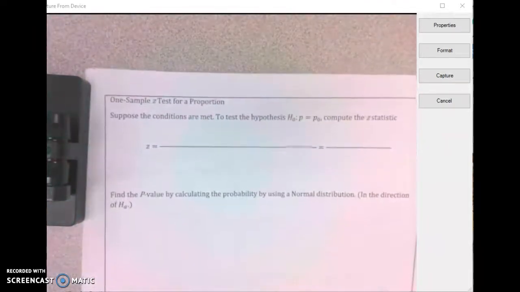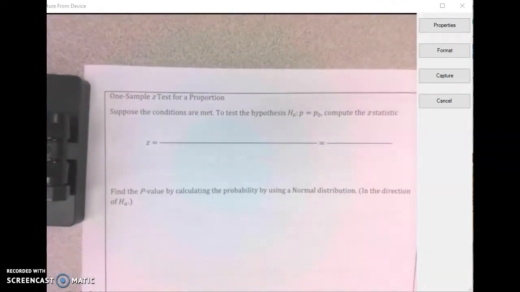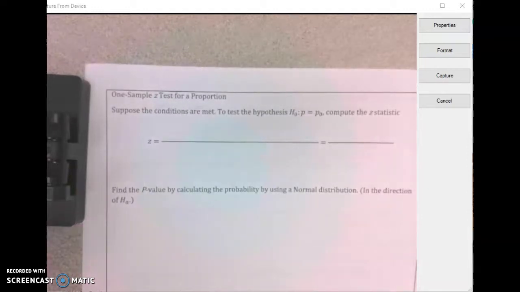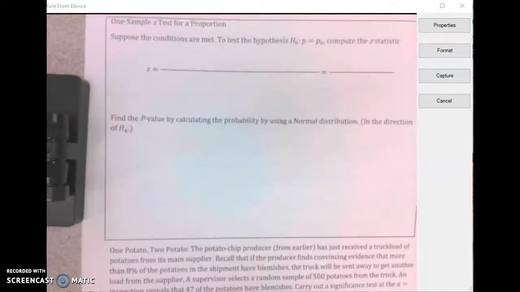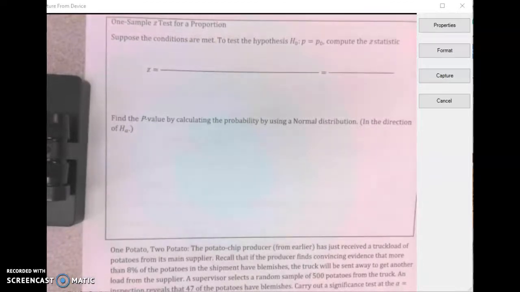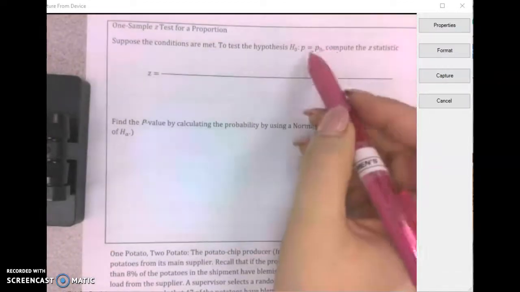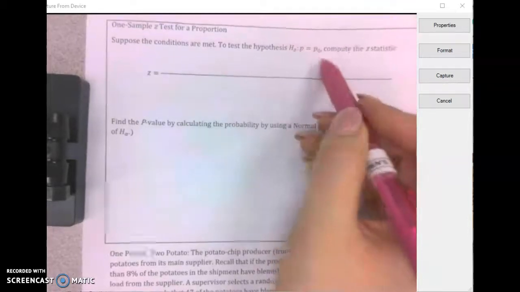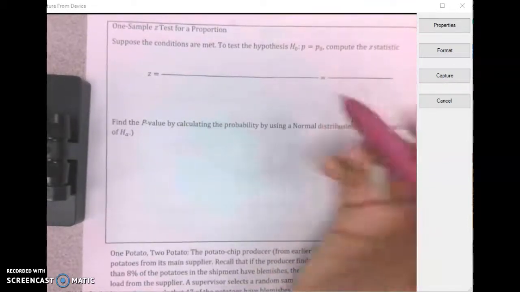So we are doing a one sample z-test, is what we use and have been using. Suppose the conditions are met. So supposing that you found that it was random, independent, and normal, we want to test H sub O, P equals P sub O, and compute the statistic.